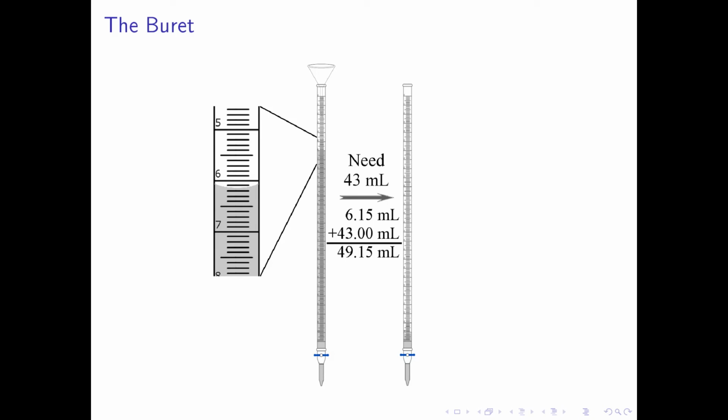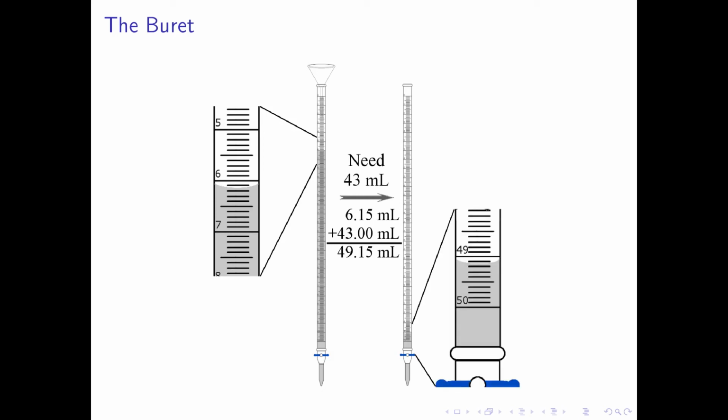We open the stopcock and allow the liquid to drain until it is as close to 49.15 milliliters as possible. When we look at the blow-up for our final volume, we see that we are not exactly at 49.15 milliliters, and that's okay. We record the actual volume from the burette.